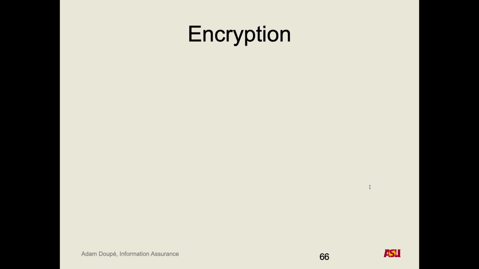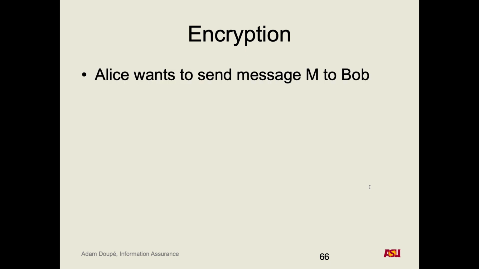Cool, so now we can think about these as functions that we apply to messages, similar to how we thought about DES and AES. They took in a message and a key. So the way we'll talk about these is Alice wants to send a message M to Bob. What does Alice use to encrypt that message if she wants to send it to Bob?